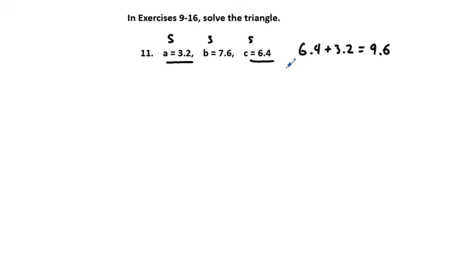The law of cosines for this one, we're going to take the largest angle first.